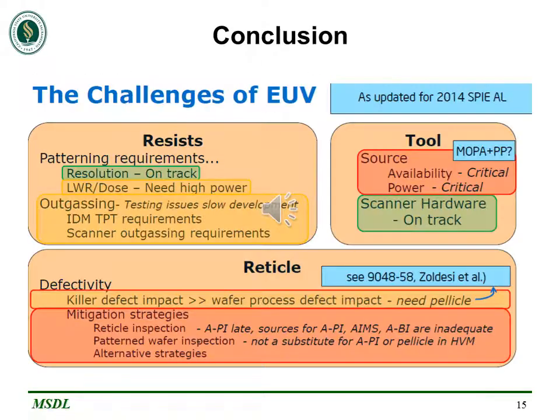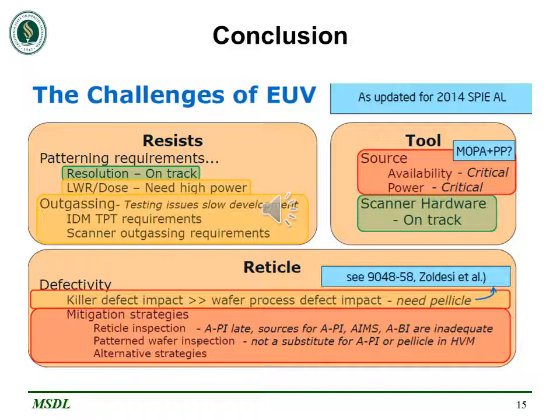To conclude, let's talk about the status of EUV. This is a foil that I pulled out from Intel, and it talks about the various technologies that we discussed before and the status of how they are doing. If you look at it, the resolution is on track, but the dose needs high power.